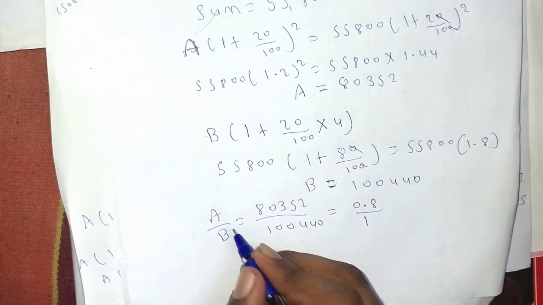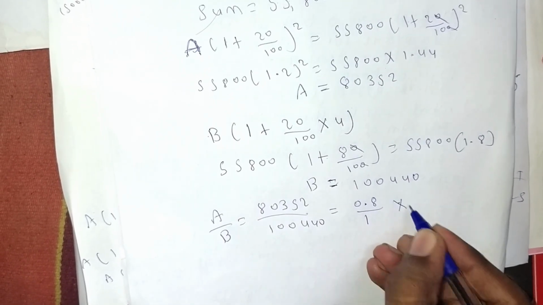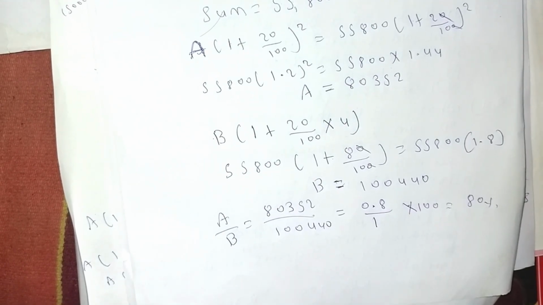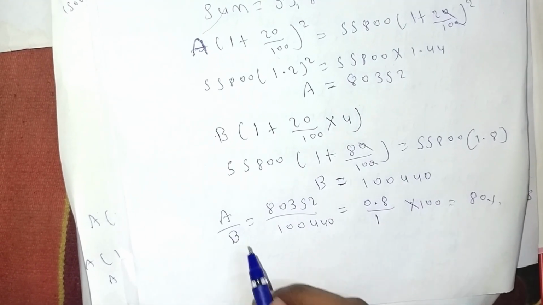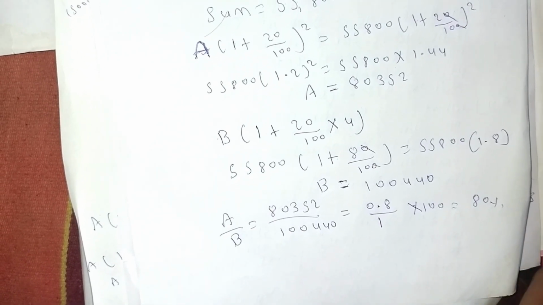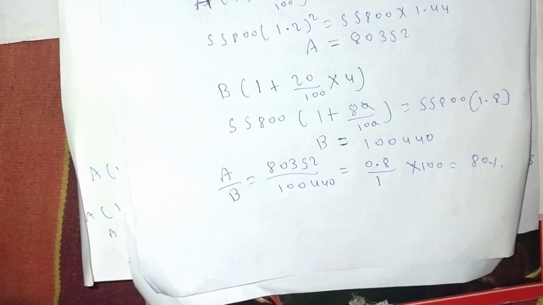For the compound interest we got 80,352, and for the simple interest we got 1,04,40. When we multiply by 100, this is 80 percent, so the compound interest is 80% of the investment of B.